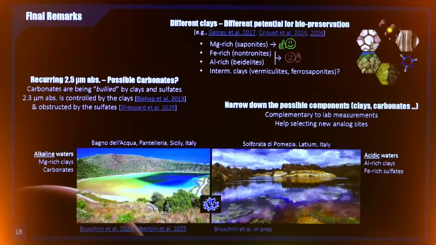A few works have been done already, from modeling to lab experimentation, showing, for instance, that nontronite, which rapidly forms under oxidizing conditions, will not really be good at preserving those biomarkers over time, something already said by Gainey in 2017 and later in 2022.